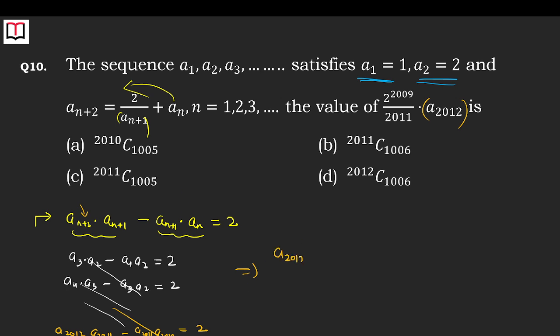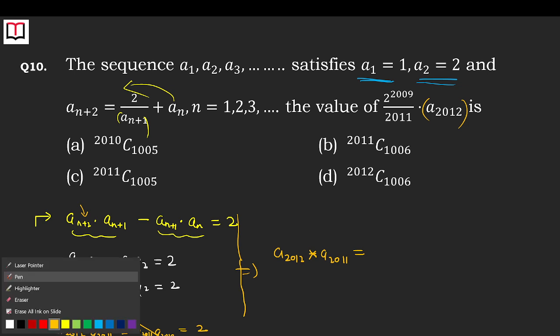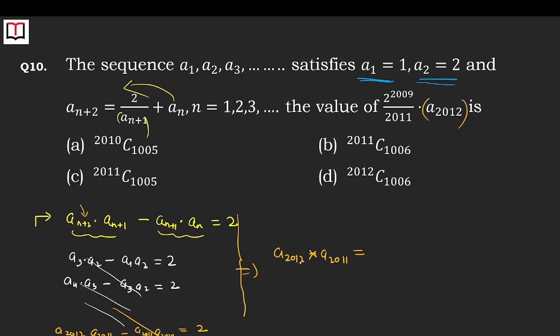So when you add them, what are we left with? A 2012 into a 2011 is equal to, how many terms are there? It's 2 into 2010. Why? Because I started with n as 1, and to get 2012 here, I put 2010.